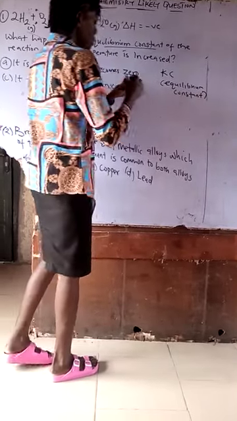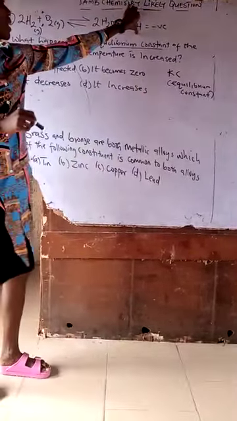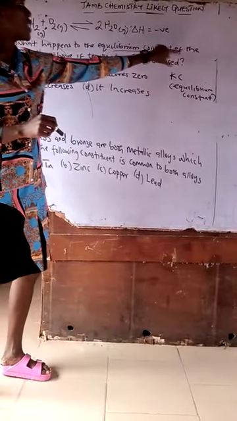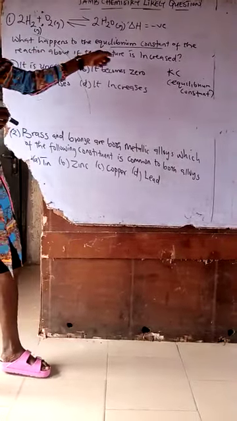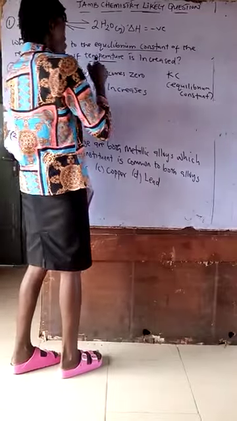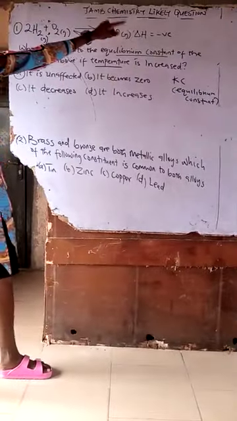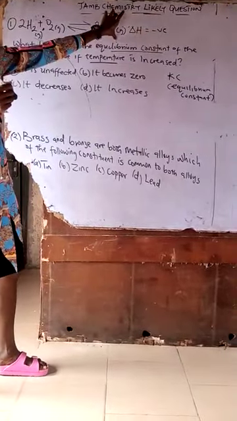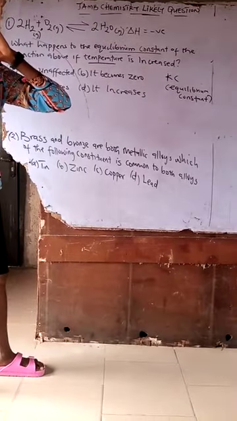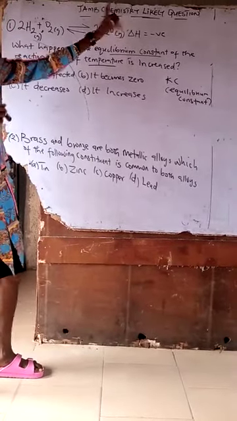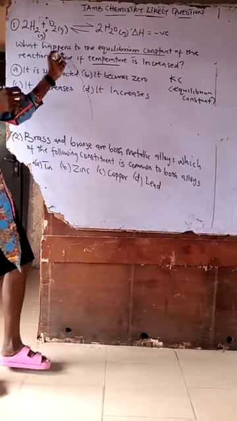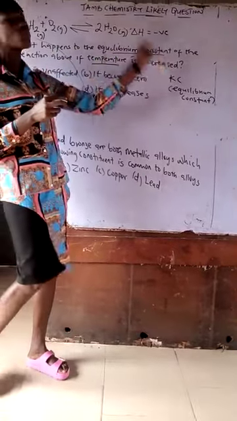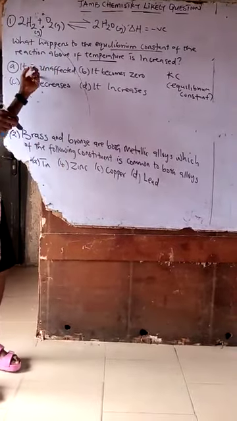So now we know that from this reaction, heat is given off. The question asks what happens to the equilibrium constant if temperature is increased. Already the reaction has a negative enthalpy change, that's to say the reaction is exothermic, heat is given off. Now if more temperature is increased, what will happen to the system? A, it is unaffected.